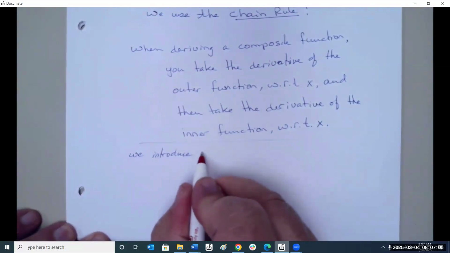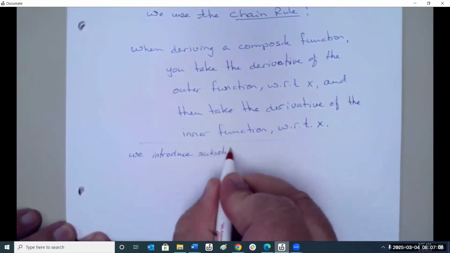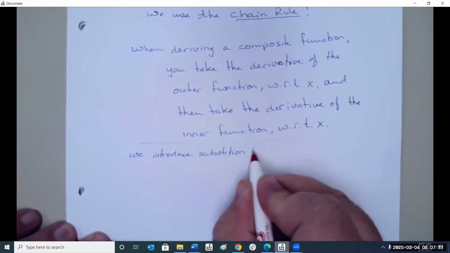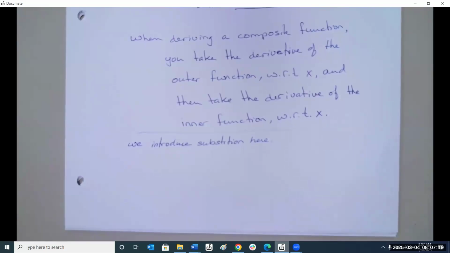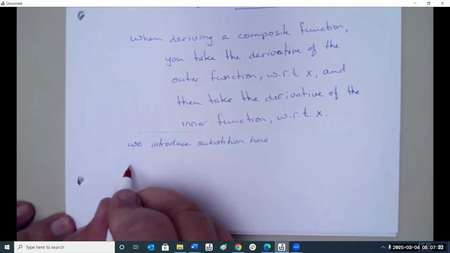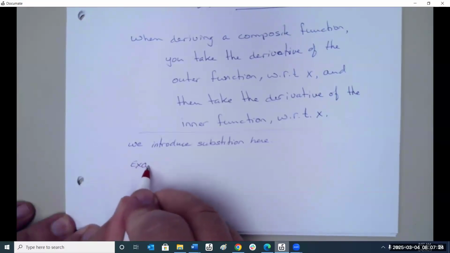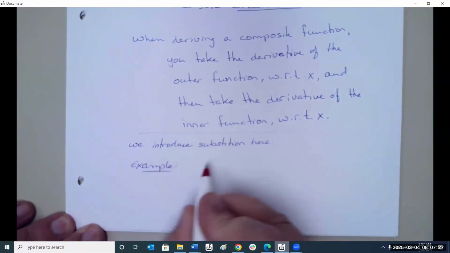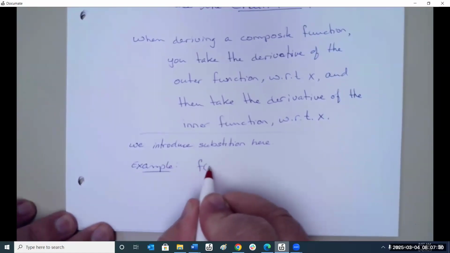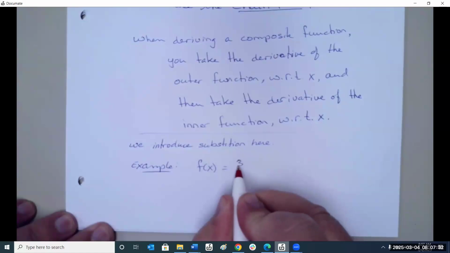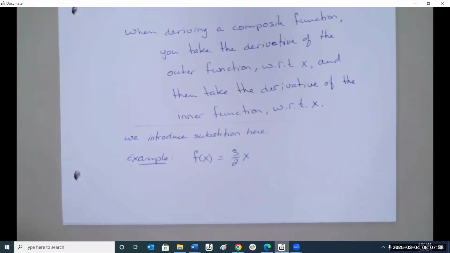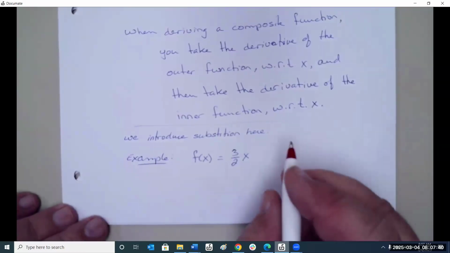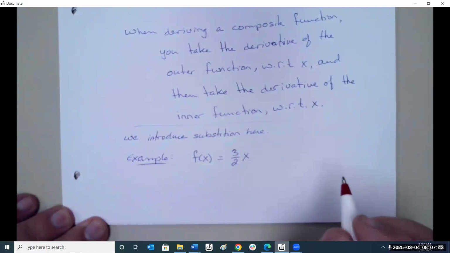We introduce substitution here. Example, if my function was 3 over 2x, I can look at this as a composite function.